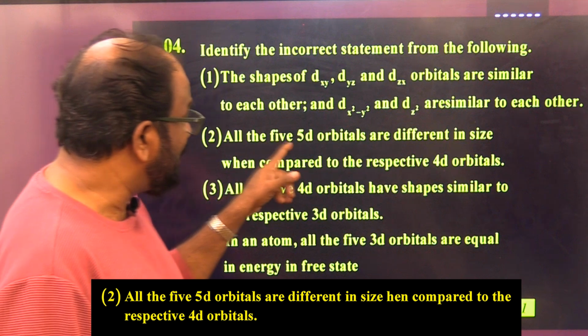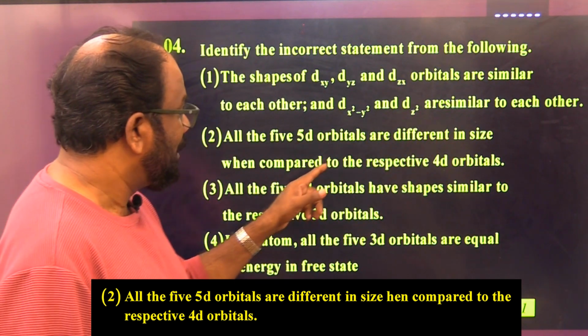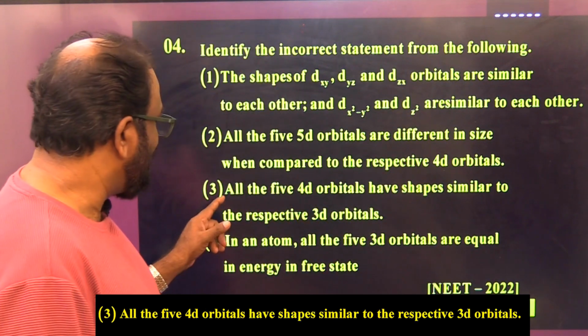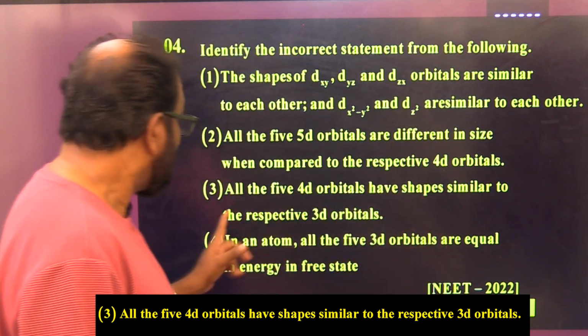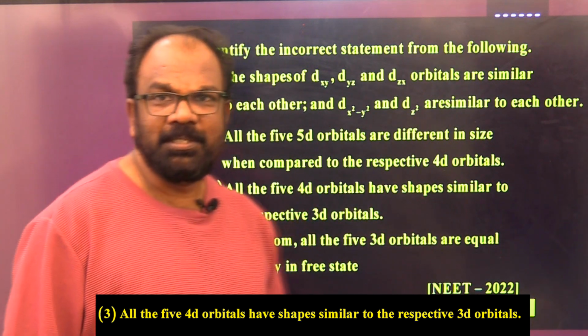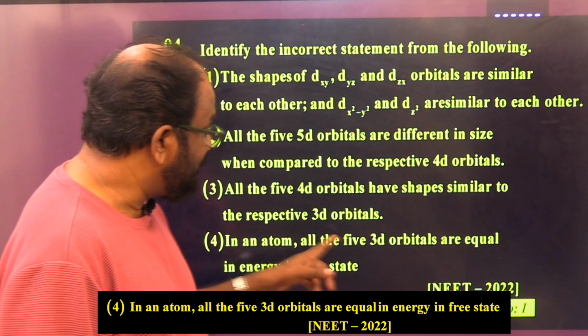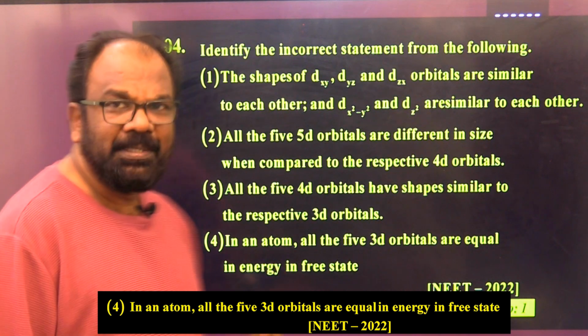All the 5d orbitals are different in size when compared to the respective 4d orbitals. Option number 3. All the 4d orbitals have shapes similar to the respective 3d orbitals. Option number 4. In an atom, all the 5 3d orbitals are equal in energy in free state. See, here the answer is option number 1.